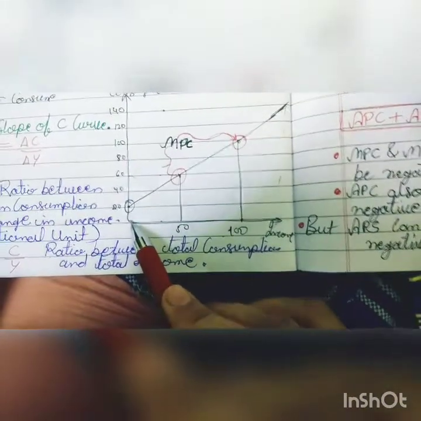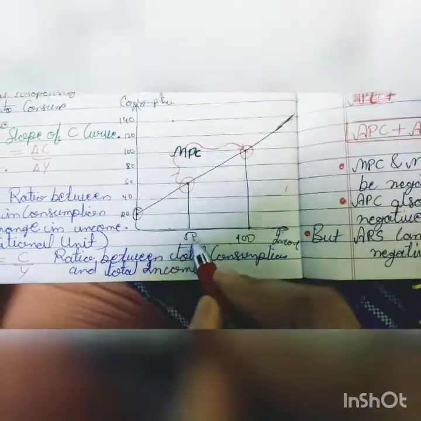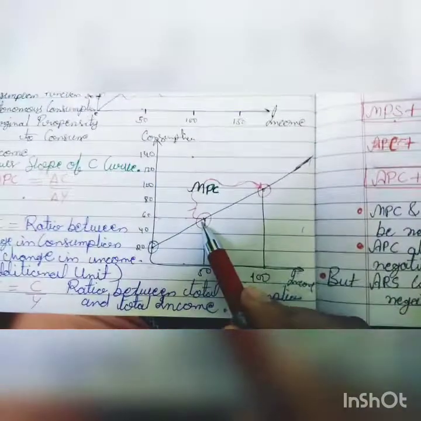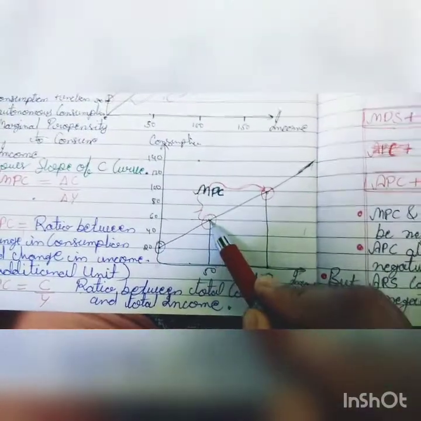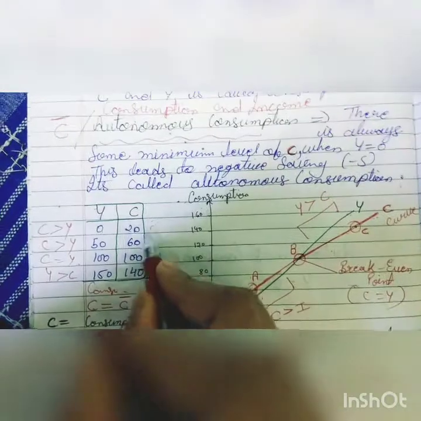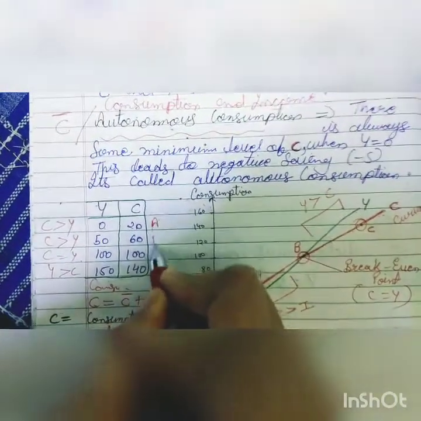As you can see, income goes first 0, after that 50, 50 to 100, then 150. At the first point to the second point, consumption goes from 20 to 60. Here we have A point, B point, C point.